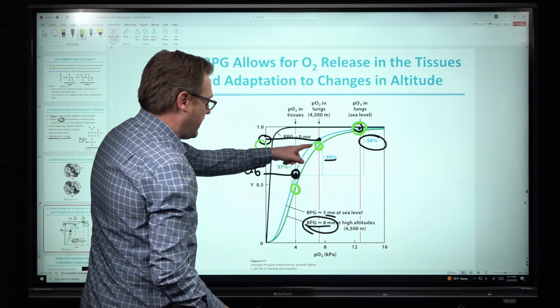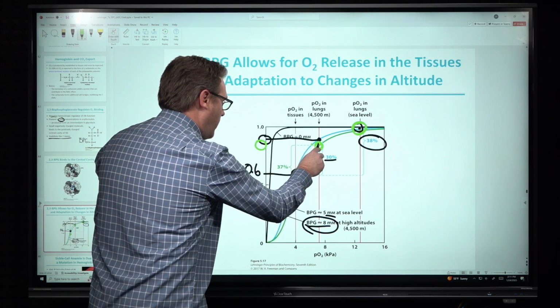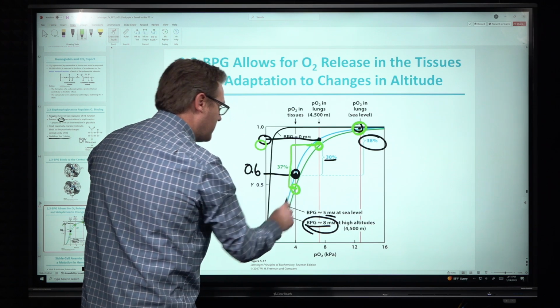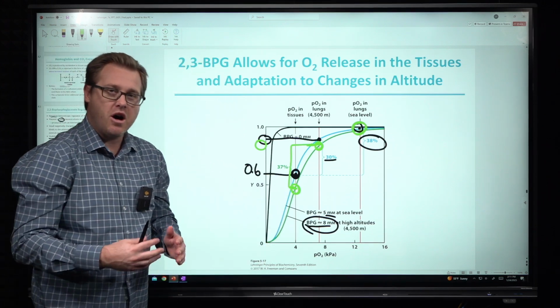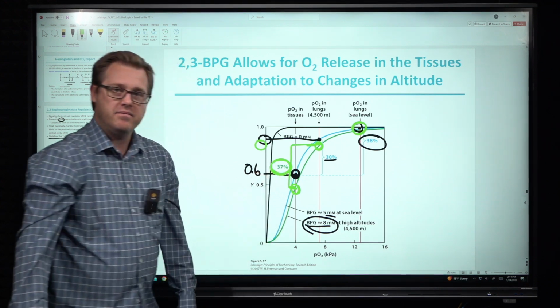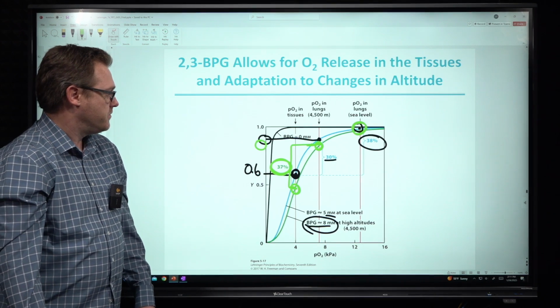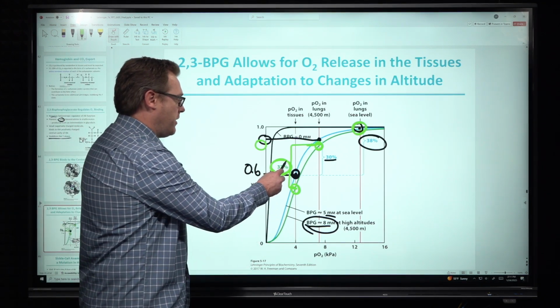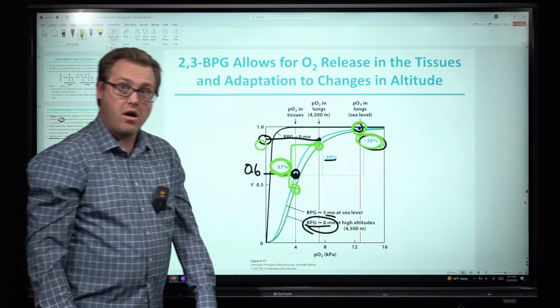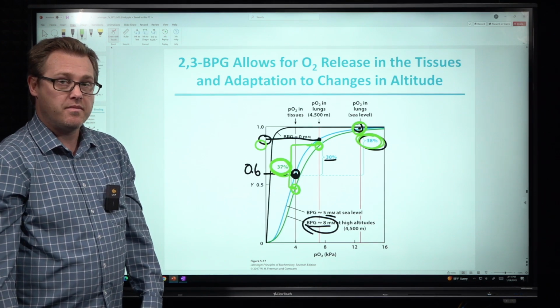You see that line right here? From that point all the way to that point, how much oxygen has been released? 37%. So 37% and 38% are very, very close.